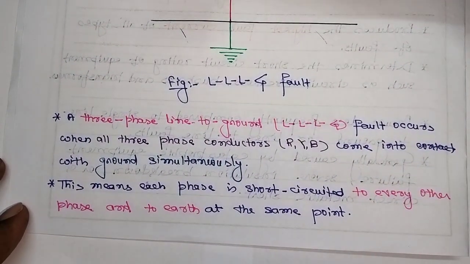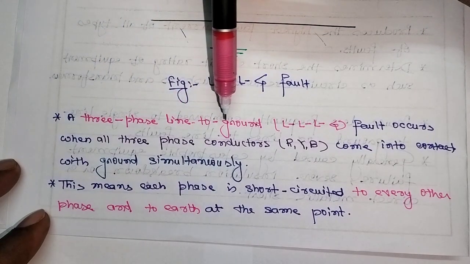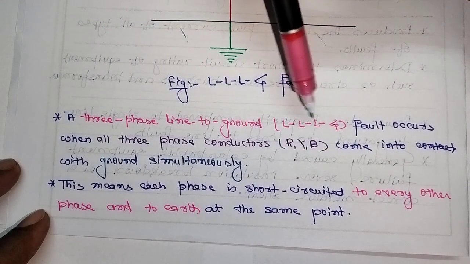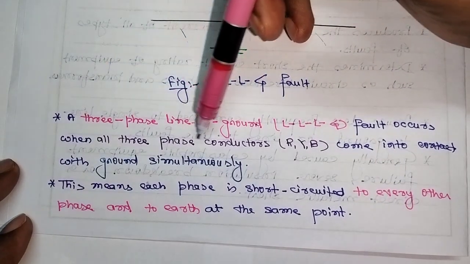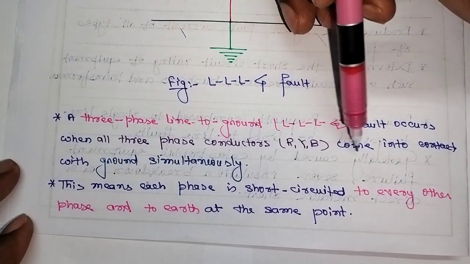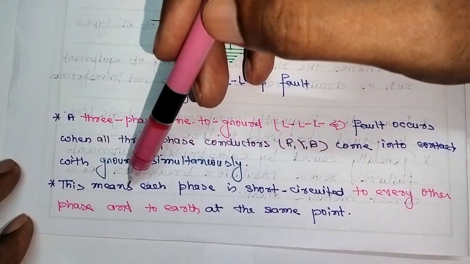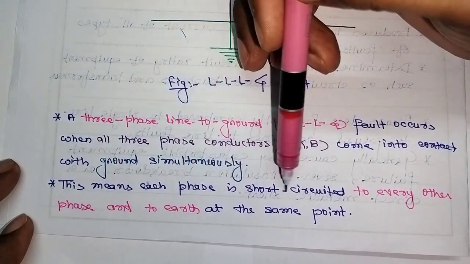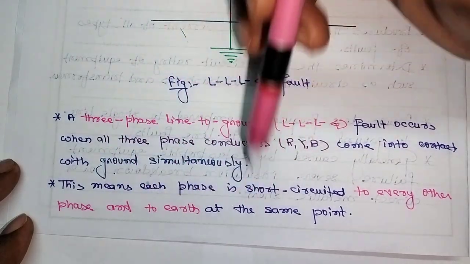Next one we have a three-phase line to ground, that is L3G fault, which occurs when all three phase conductors R, Y, B come into contact with the ground simultaneously. This means each phase is shorted to every other phase and to the earth at the same point.